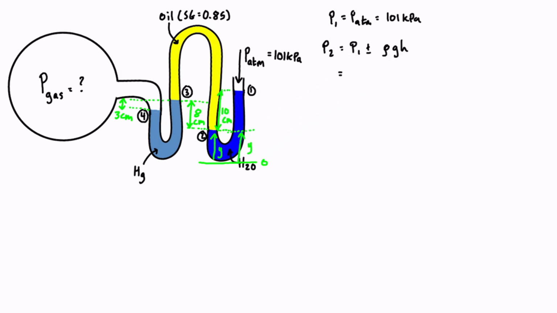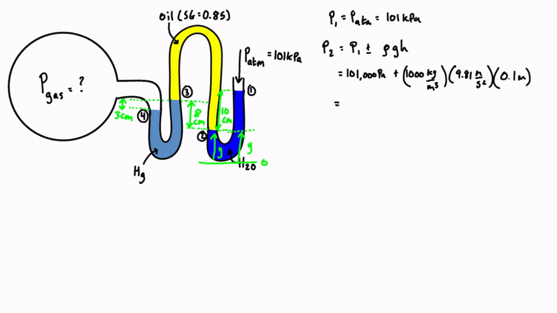So P2 is equal to P1, which is 101,000 pascals, plus the density of water, which we'll take as 1,000 kilograms per meter cubed, times acceleration due to gravity, 9.81 meters per second squared, times the height in meters, which is 10 centimeters, so 0.1 meters.